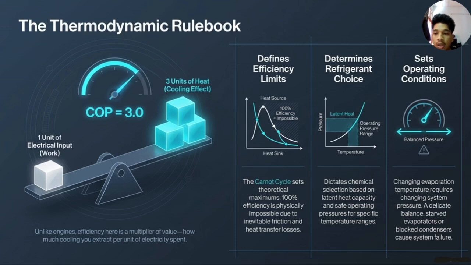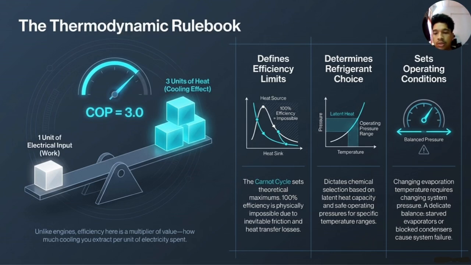The second is to determine the refrigerant choice. Engineers choose refrigerants based on properties such as latent heat, operating pressure, safety, and environmental impact, because it is very important to make the refrigeration system very efficient.